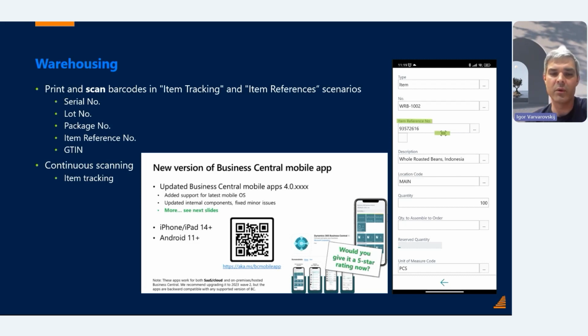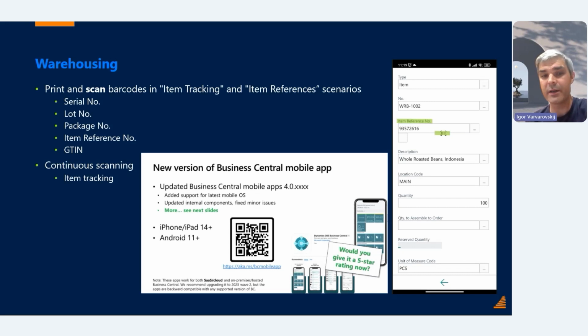Now in objects where we have serial numbers, lot numbers, package numbers, or item numbers, out of the box, based on the type of the field set by the developer, we have this quick scan button in our mobile app.